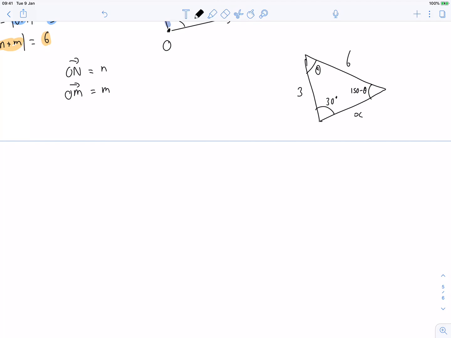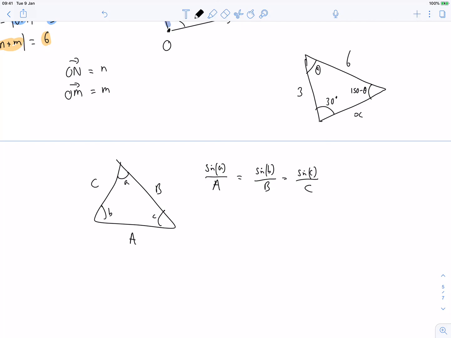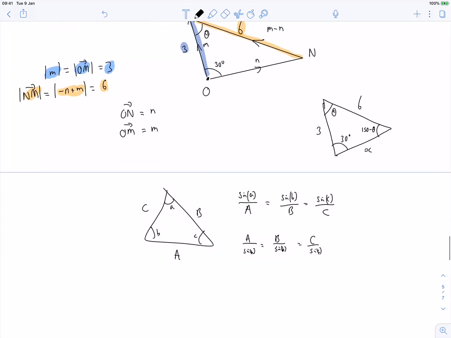For any triangle, let's say that's angle A, that's angle B, that's angle C, and the opposite sides are a, b, c, then the identity is that sine of A over little a is the same as sine of B over little b is the same as sine of C over little c. And the inverse of this identity works as well, i.e. a over sine A equals b over sine B equals c over sine C.